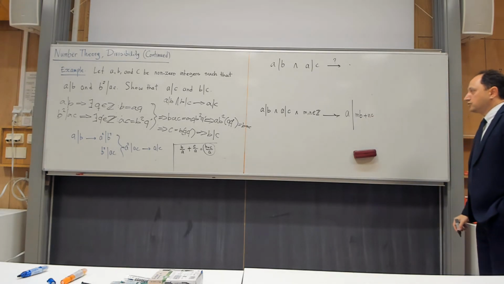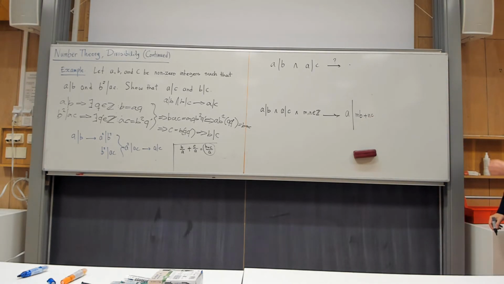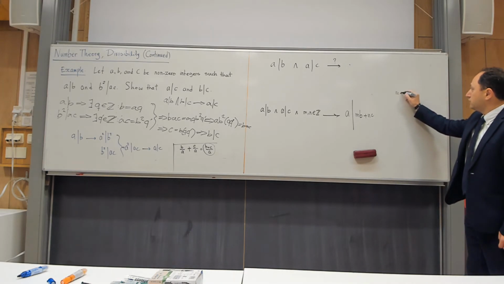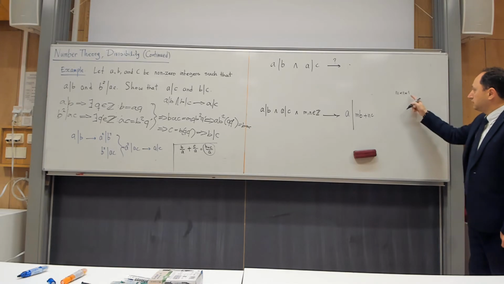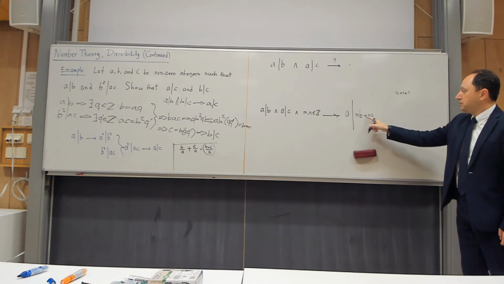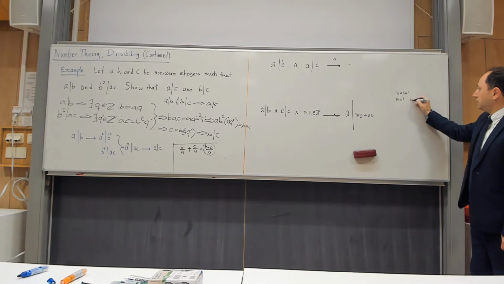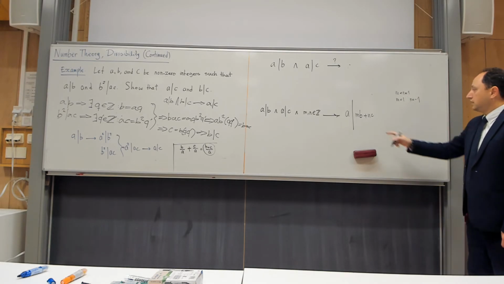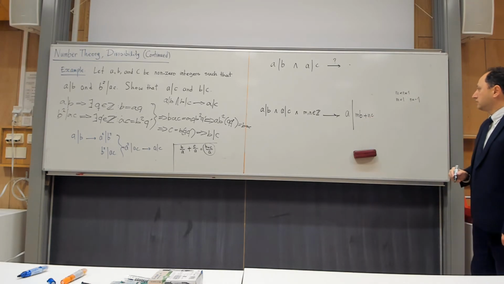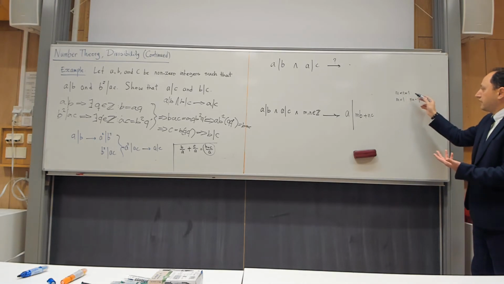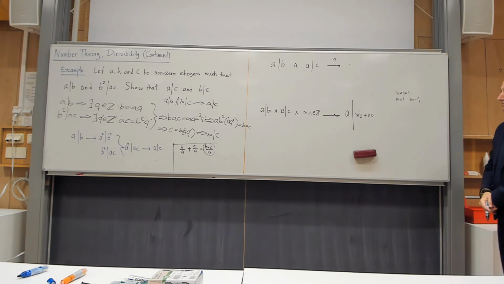Whatever you want to choose for m, whatever you want to choose for n. If you choose m equals n equals 1, this means b plus c. If you choose m equal to 1, n equals minus 1, then this becomes b minus c. And if you choose different values, they are also correct.